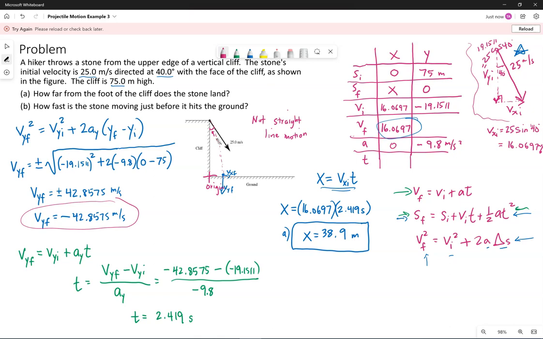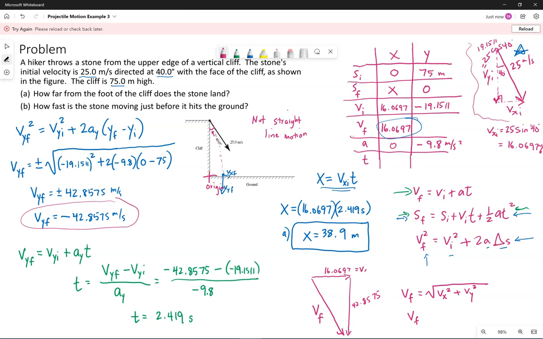So if we were to represent that down here at the bottom, there's a horizontal velocity and a vertical downward velocity. When it's asking how fast the stone is moving, it means overall the total speed, not just in the y direction, not just in the x, overall, totally. So that final speed is always calculated by the Pythagorean theorem, knowing the x and y components.